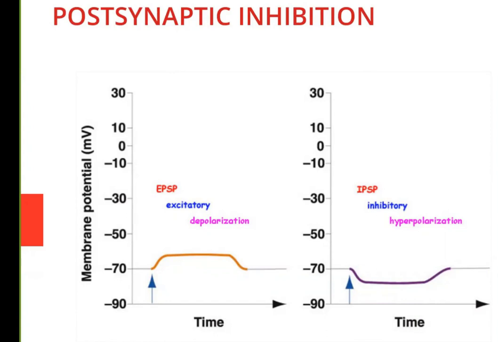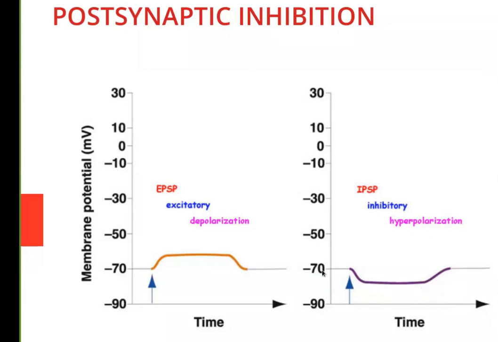And this leads to hyperpolarization and decreasing excitability. You may see on this slide, it's opposite to depolarization, to excitatory processes. Excitatory processes lead to decreasing charge between the cell membrane and environment, and hyperpolarization increases the charge between intracellular and extracellular fluid.